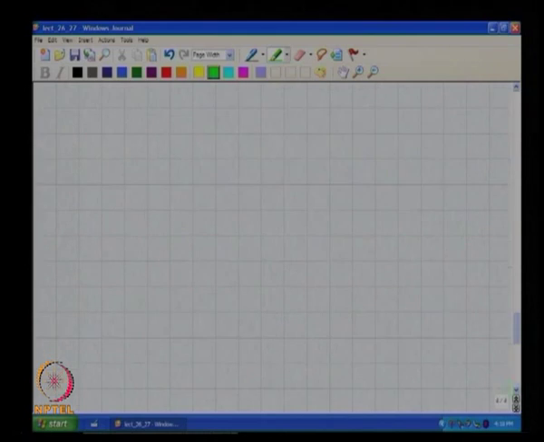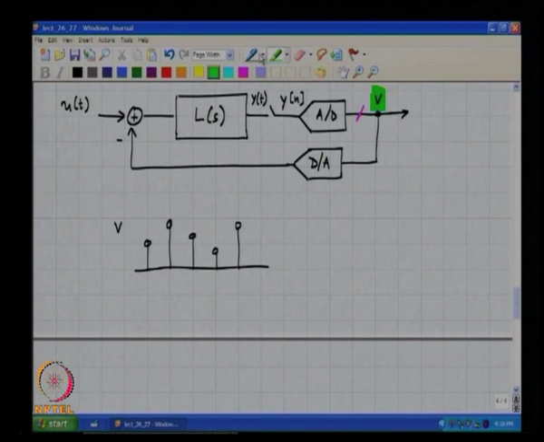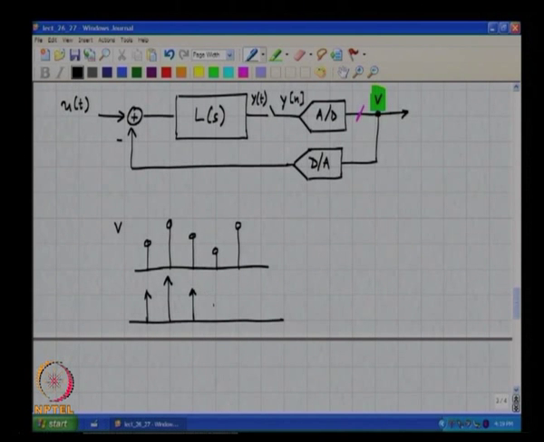Now, D to A conversion is the process, at least conceptually, of converting this into a sequence which is continuous time, but instead of discrete time impulses you have continuous time impulses. This was n, this must be t, and what is the periodicity of these samples?